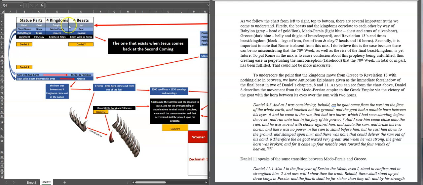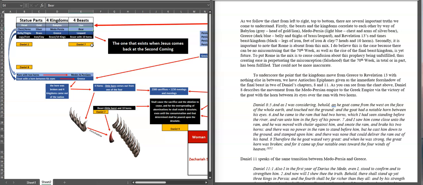That's the gray. This is the head of gold from Nebuchadnezzar's statue, and the lion from Daniel 7. Next we have Medo-Persia, that's light blue. That's the chest and arms of silver, and that is the bear. And we're comparing Daniel 2's statue to Daniel 7's beasts.